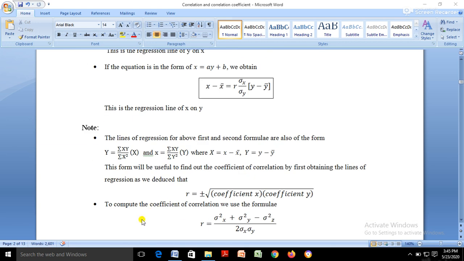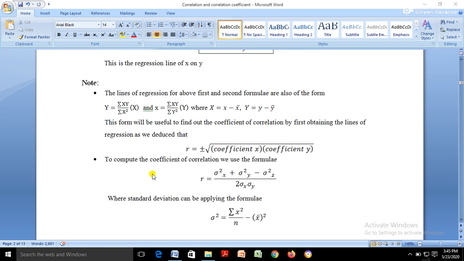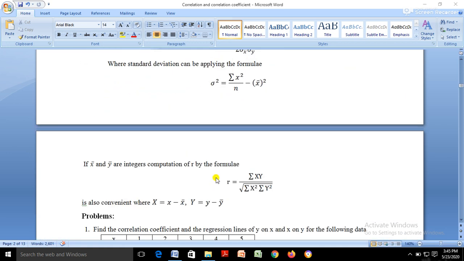So in the note we have given that the previous formula is used when they first ask for the line of regression, then the correlation. This formula is used when they first ask for the coefficient of correlation, and directly use this formula and solve. And this will be used when x bar and y bar are given to find the r value. So by using these three formulas, we solve the example.